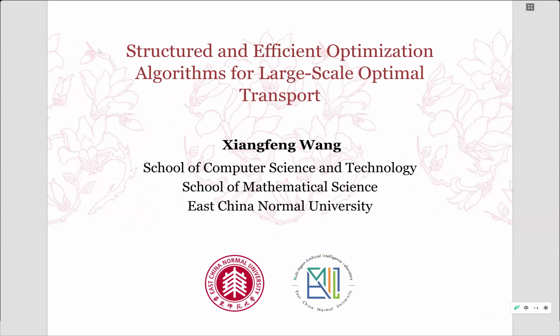Okay, so let's start the second half of the workshop. We will begin with our second invited talk, presented by Professor Xiangfeng Wang from the School of Computer Science and Technology and the School of Mathematical Science, East China Normal University.